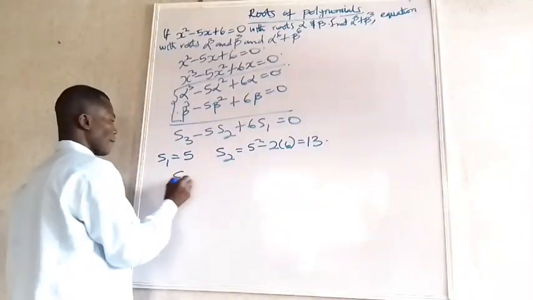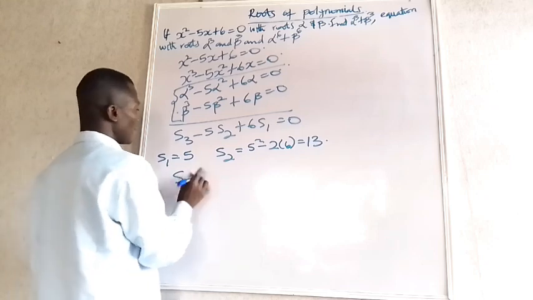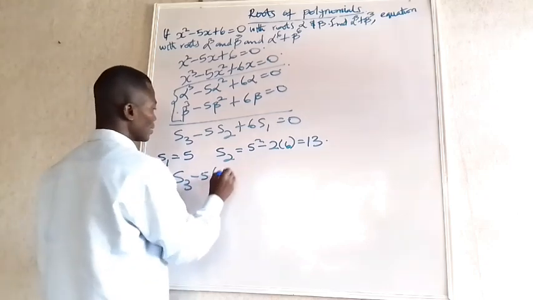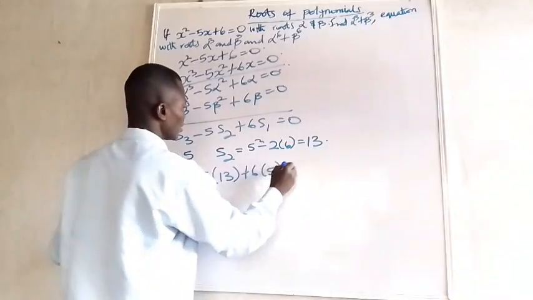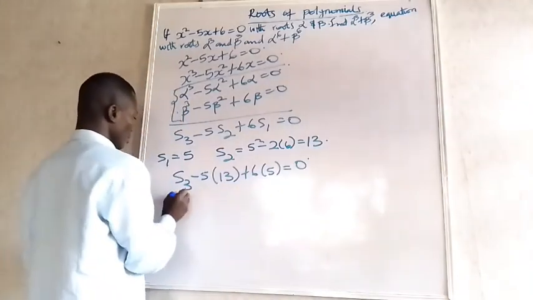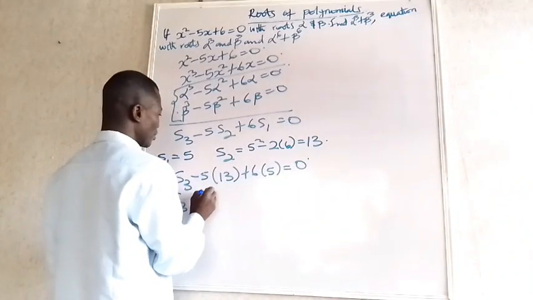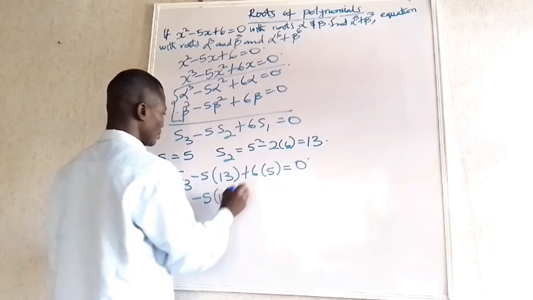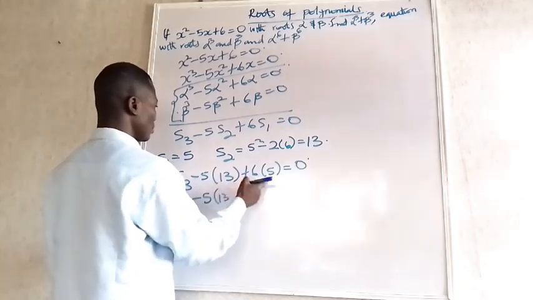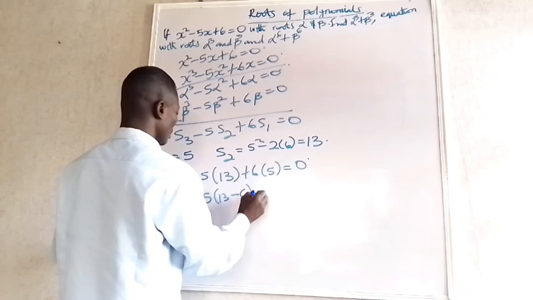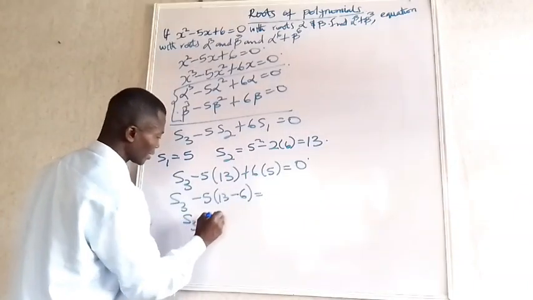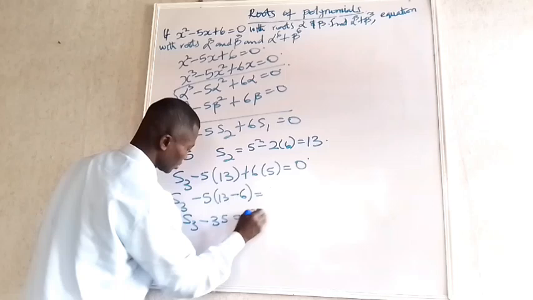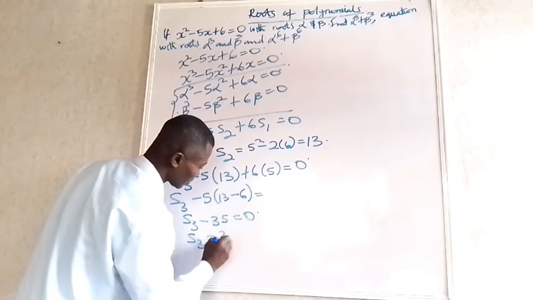So S3 minus 5 into 13 plus 6 into 5 is equal to 0. So I can see S3 minus 5 into 13 plus 30 is equal to 0. So S3 minus 35. So S3 is equal to 35.